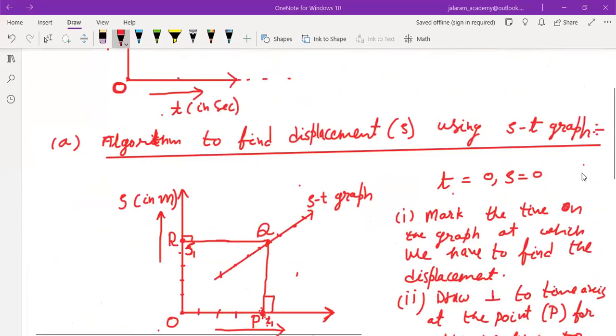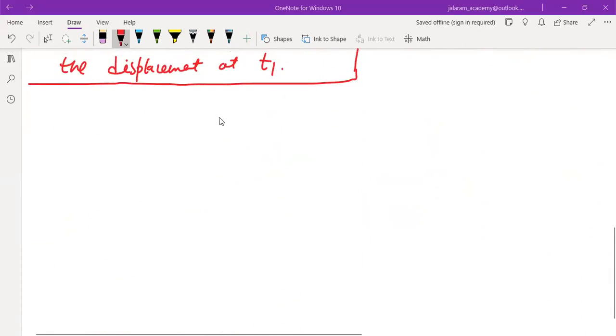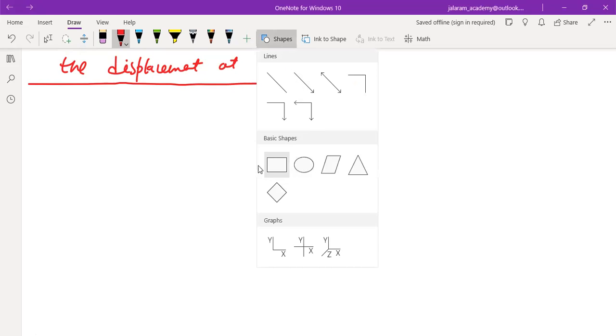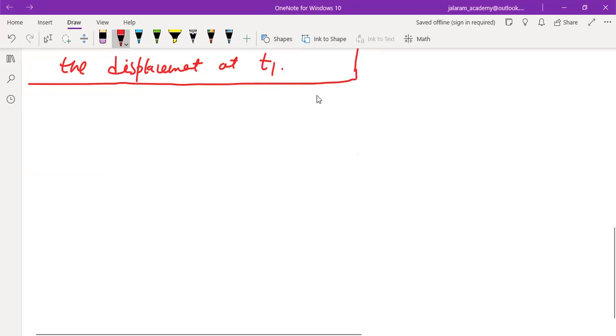So let's make it clear by a suitable example: how to make a graph and use it in finding the displacement using a displacement-time graph.